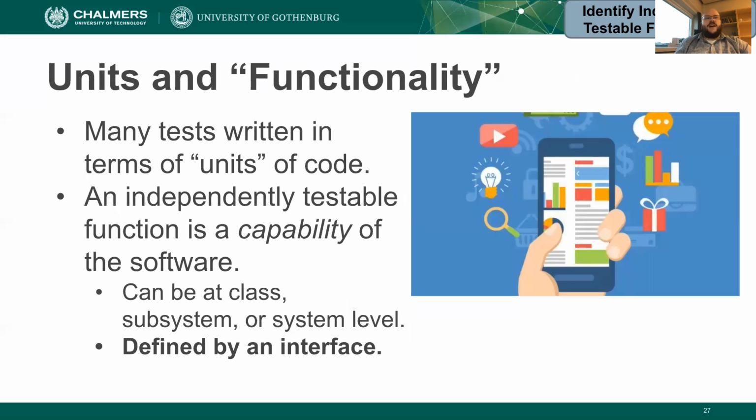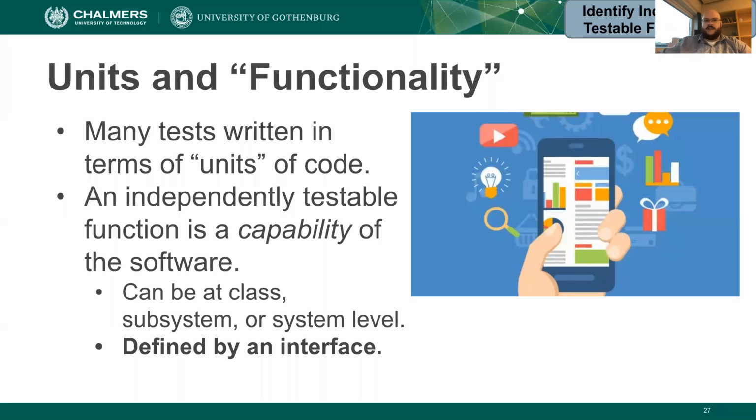So executable tests, as I mentioned, are often written in terms of units of the code. So when we're unit testing, we look at individual classes generally. But independently testable functions are more capabilities of the software. They don't correspond as cleanly to single sections of the code, but rather cross-cut throughout the entire code base. They may not even correspond to one separate unit or one separate subsystem on their own.